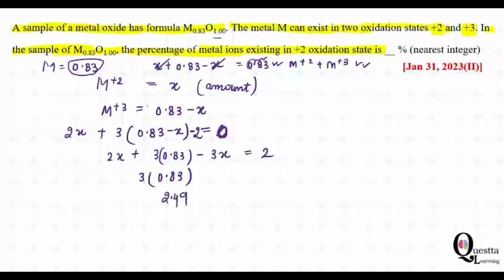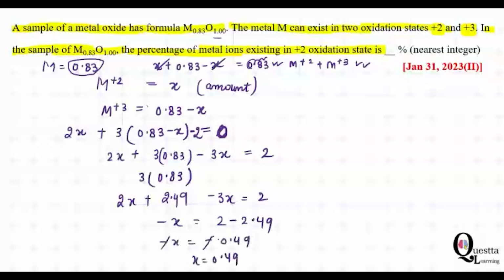So here we have 2X minus 3X, and on the other side 2 minus 2.49, which comes out to be minus 0.49. Cancelling the minus, X comes out to be 0.49.